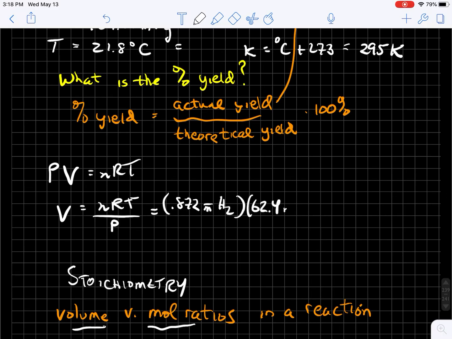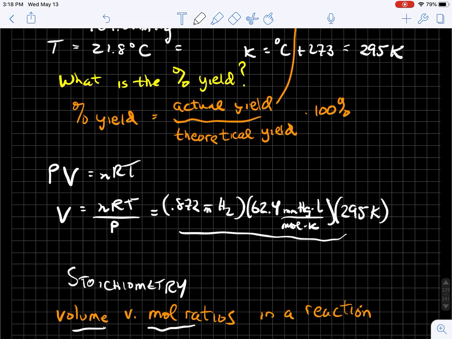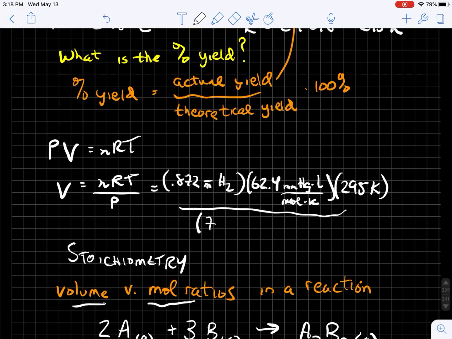Multiply it by the gas law constant for millimeters of mercury, so that would be 62.4 millimeters of mercury liters over mole Kelvin. The temperature, 295 K, and the pressure was 764.6 millimeters of mercury.